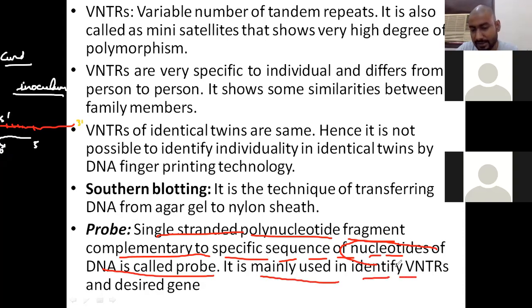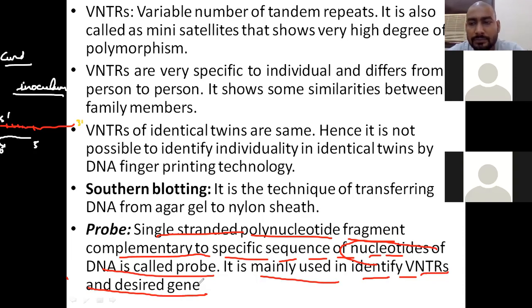It is basically used to identify VNTRs and the desired gene. For which purposes is the probe generally used? To identify the VNTR, which has a variable number of tandem repeats, or the desired gene, wherever it is present. So with the help of the probe, we can identify the location of VNTRs and the desired gene.